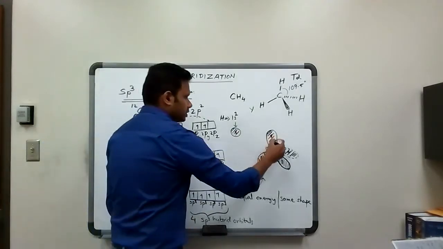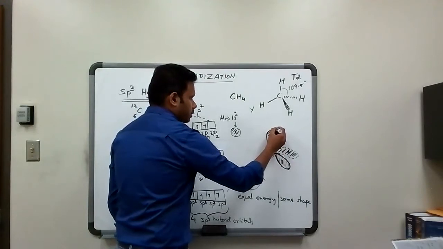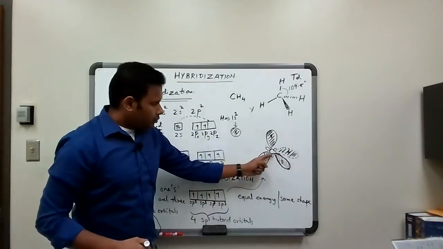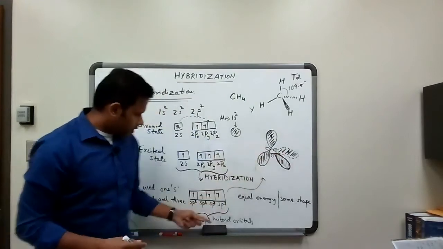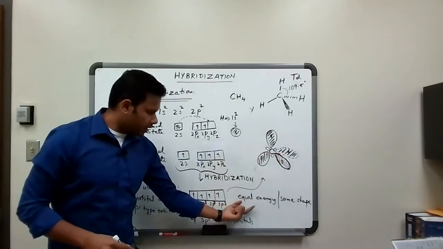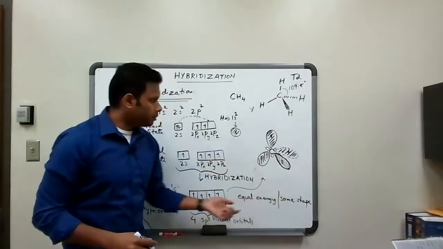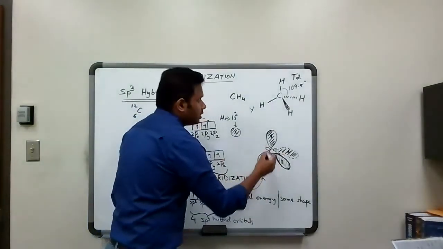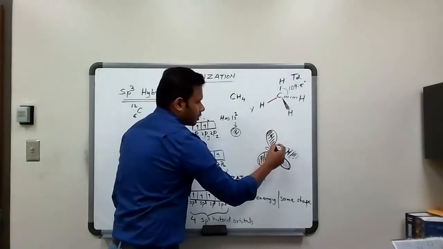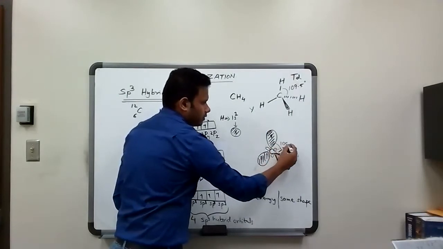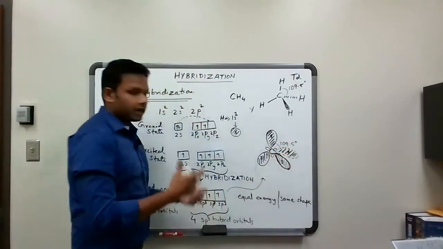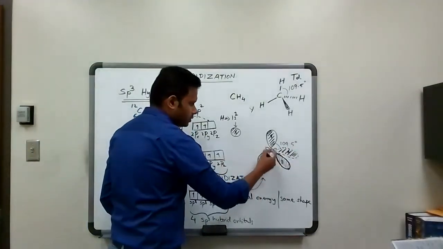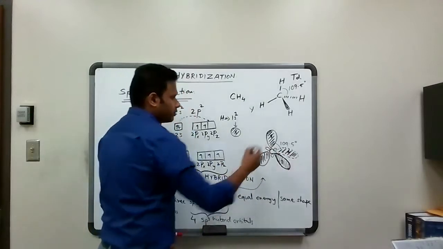So essentially what happens is these four sp3 hybrid orbitals, in fact, before we go there, you have four sp3 hybrid orbitals of equal energy, same shape, and they are oriented towards the corners of a tetrahedron. That means the bond angle that I've marked over there is defined here. The sp3 hybridization defines that bond angle, and all of these bond angles are 109.5 degrees.